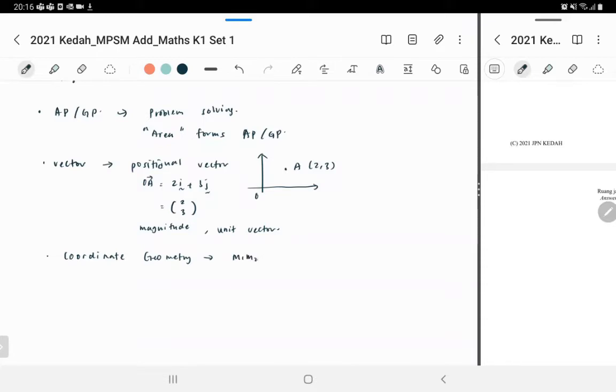M1 times M2 equals to -1, that one. Quite a lot of questions about this one. It will give you a curve and also a straight line saying that it is a tangent, and then saying another normal line, something like that, or ask you to form the equation of a normal line. So the M1 M2 equals -1, this part. Okay, quite popular this year also.